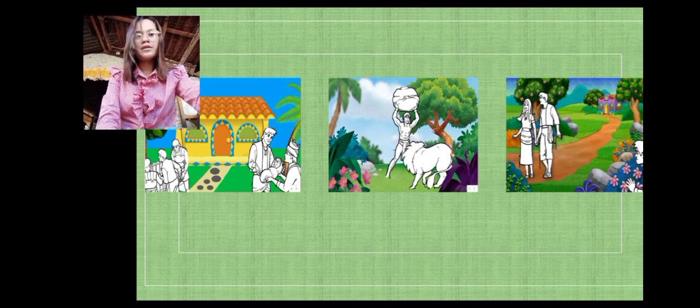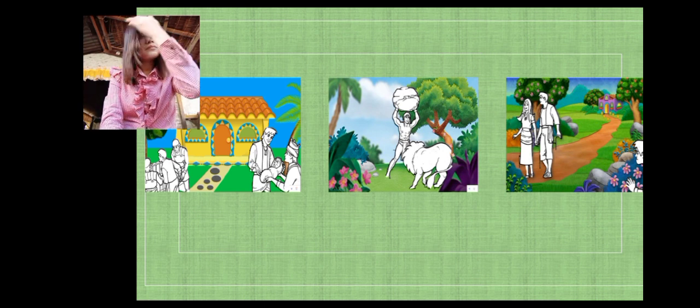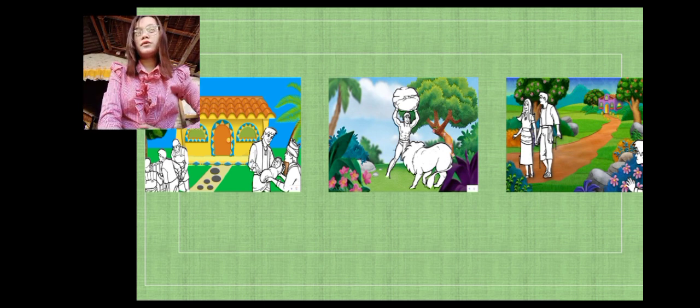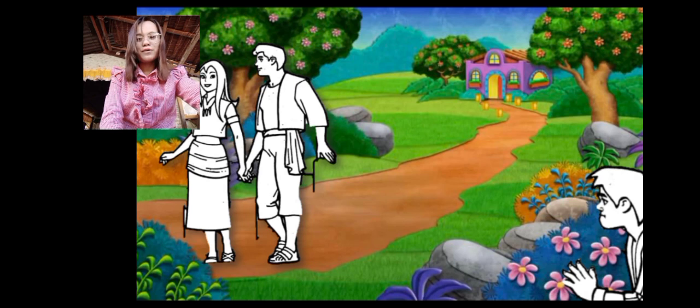Okay, very good. Let's focus for now on the first three events of the story. In this picture, we can see that these three events are not in order, right? What do you think is the first event based on the story? The third picture. Okay, very good.